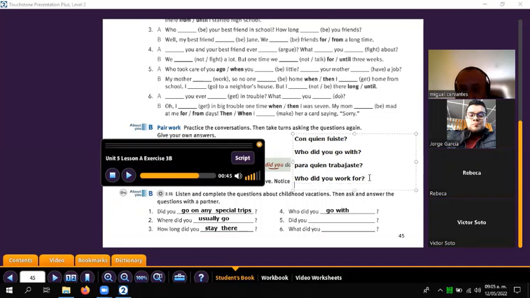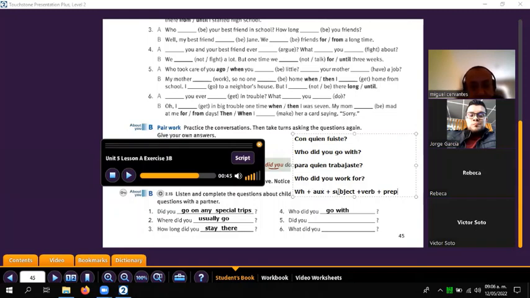Ahora, you need to also remember that if you want to make WH questions, you need to follow the following order, which is WH question plus auxiliary verb plus subject plus verb, and then sometimes if you have the preposition, you can use a preposition there. We're missing the verb.